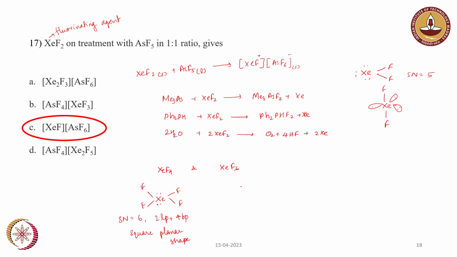In XeF6, the structure will be octahedral, and the lone pair will be placed in between 2 fluorines.